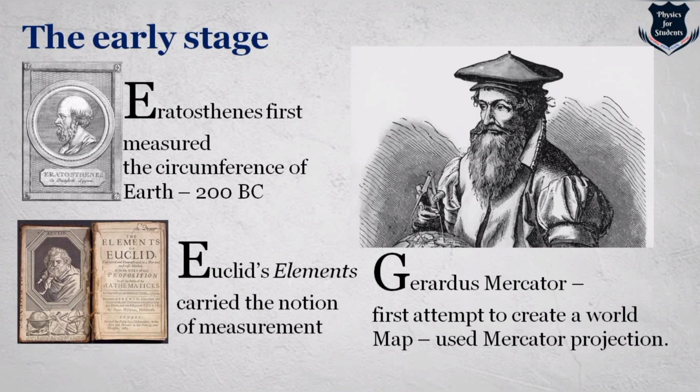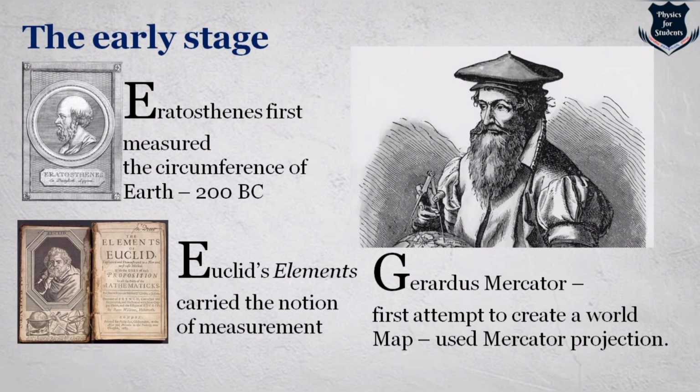The first major attempt in the direction of differential geometry was made by the Flemish cartographer Gerardus Mercator. Mercator discovered what is called the Mercator projection, and I am not going deeper into it, but the most significant contribution of Mercator was to develop a geographical chart, or a map, made out of the spherical globe of the Earth.